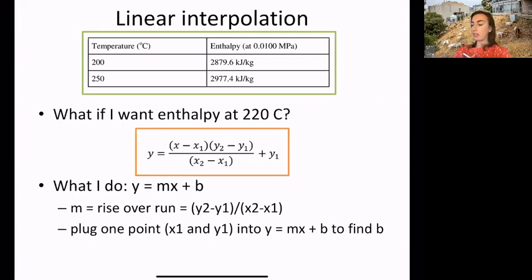So I'm showing here, just as an example, if I have some enthalpy of some substance, don't worry about exactly what substance this is, just an example. I have the enthalpy at 200 degrees C, and I have the enthalpy at 250, and I want the enthalpy at, say, 220.